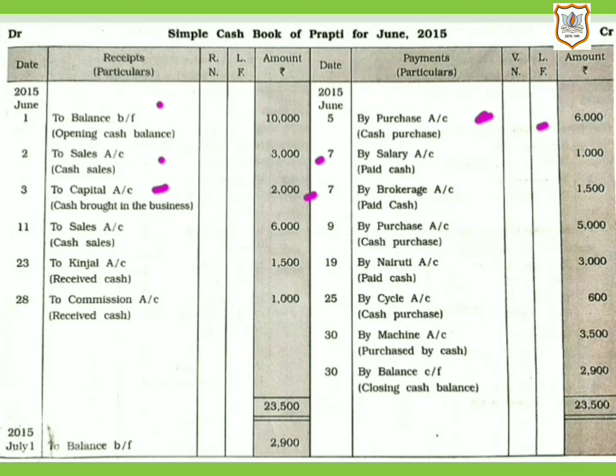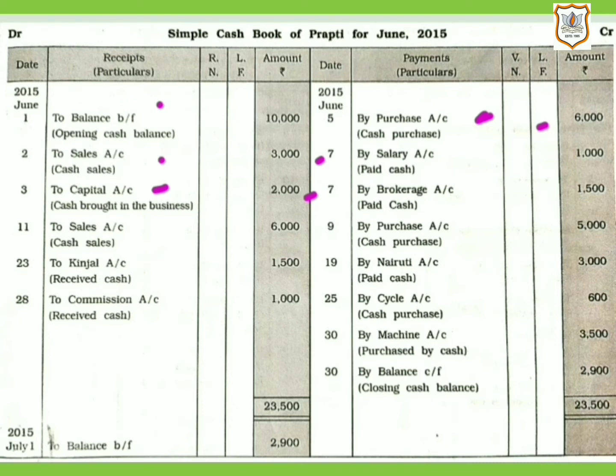Then next transaction, salary of rupees 1,000 and brokerage of rupees 1,500 paid by cash. Again, this transaction is a cash transaction. It will be recorded in cash book. Now, as for paying salary and brokerage, our cash has gone out of business.